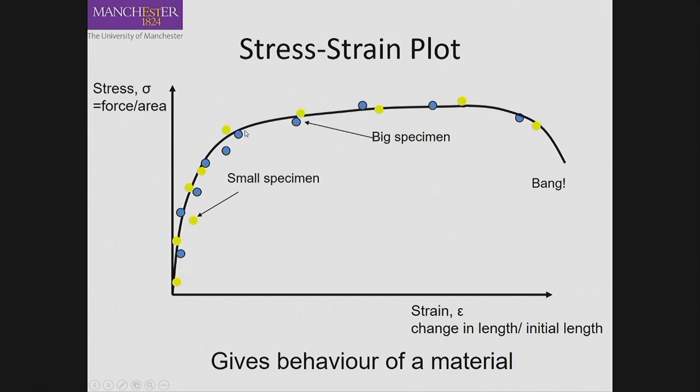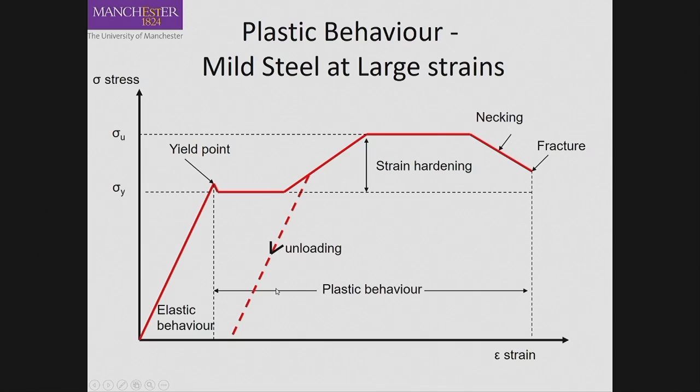So we plot stress versus strain, not load versus deflection. The machine would give you load versus displacement, that is right. So you then need to convert that by dividing the load by the cross-sectional area and dividing the displacement by the original length, and plot that to get the material property.